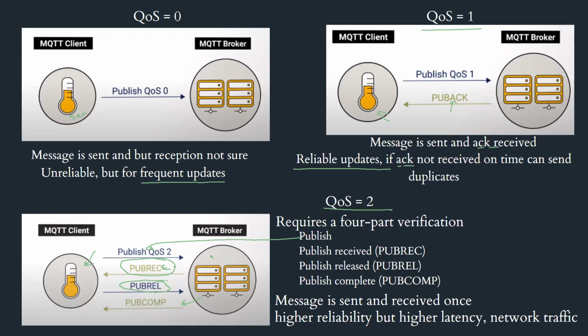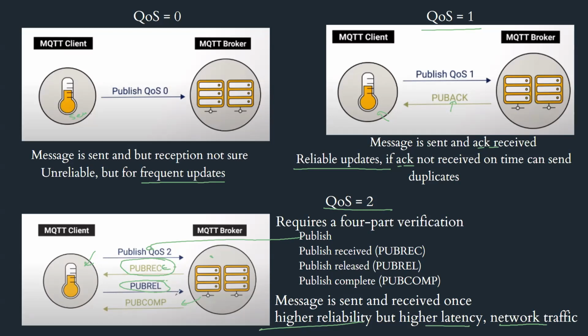In this case, we have higher reliability, right? That is the advantage of this level. However, we have higher latency, and also the network traffic is higher. To send one piece of data, we require 4 messages.